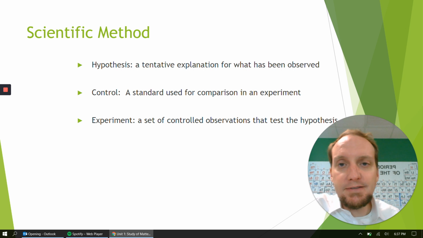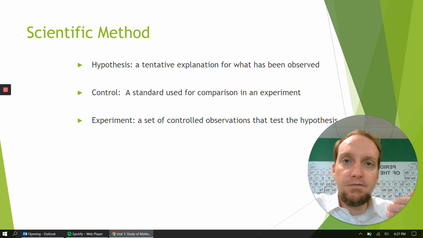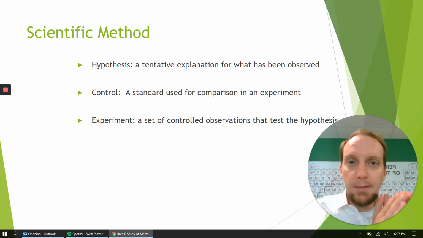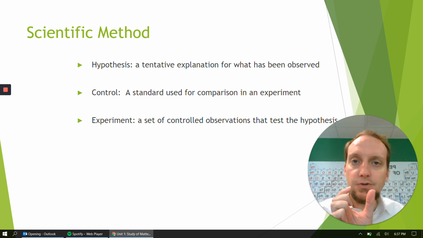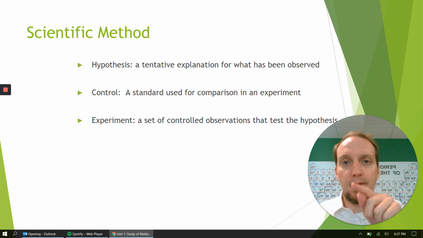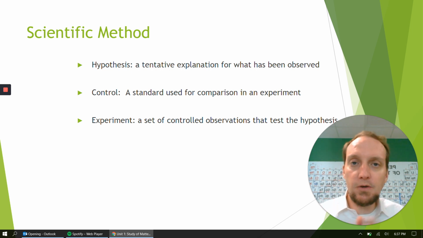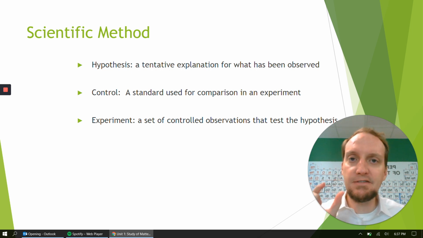A control is basically something you can compare to, so that when you are finished with the experiment, you can say, I already know what a positive result looks like because my control was guaranteed to be successful. That way, if my experiment looks like my positive control, then I know it was a success.